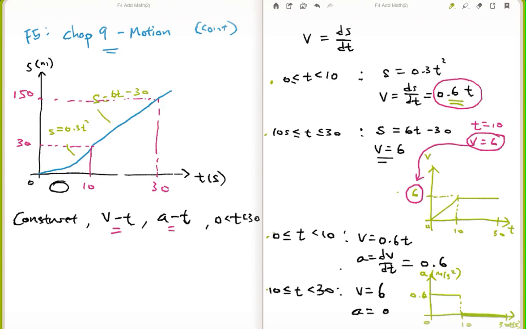Again, it's always about 25 to 30 questions over a week, getting what's the displacement, what is the velocity, and what's the acceleration.